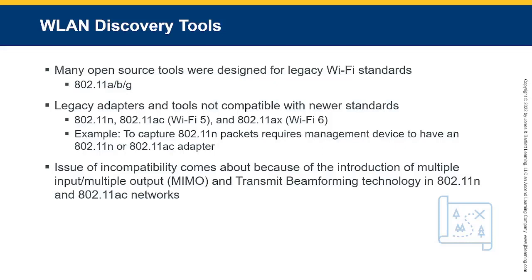For example, in order to capture 802.11n packets, it requires the management device to have an 802.11n or 802.11ac adapter. The issue of incompatibility comes about because of the introduction of MIMO and transmit beamforming technology in 802.11n and the AC networks.